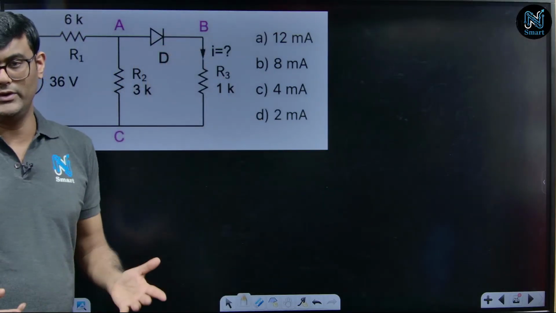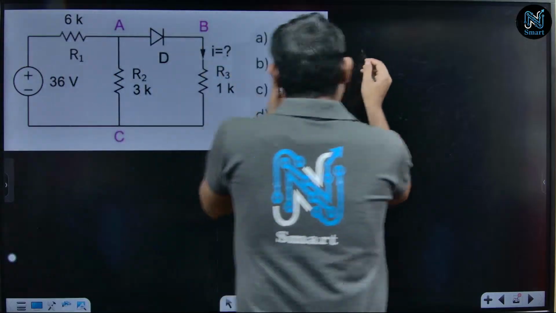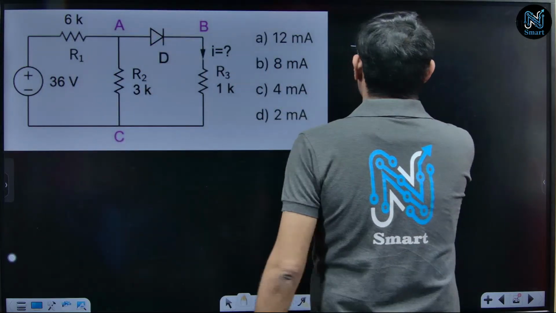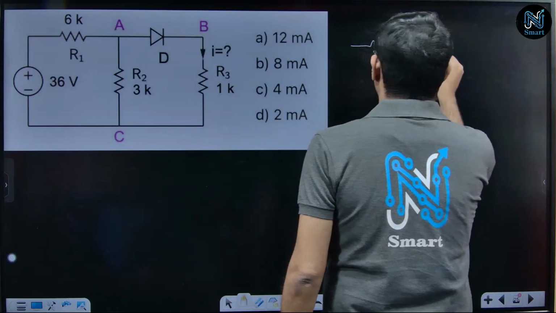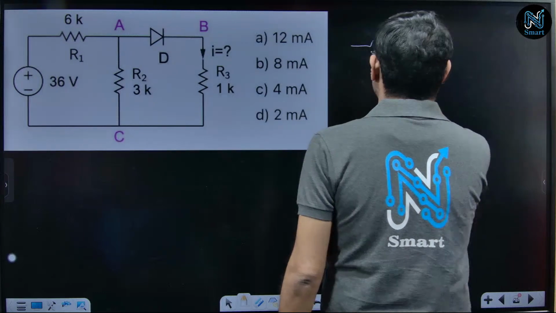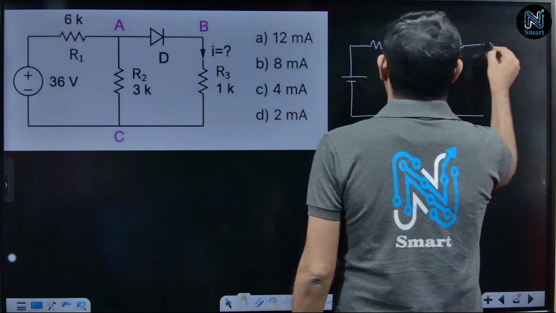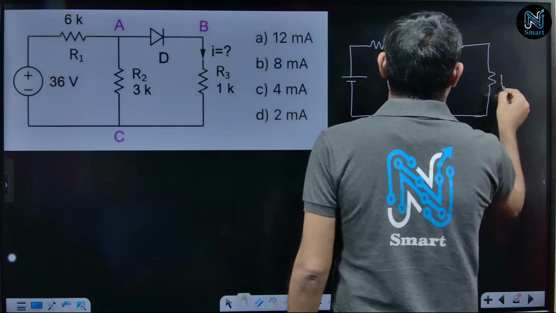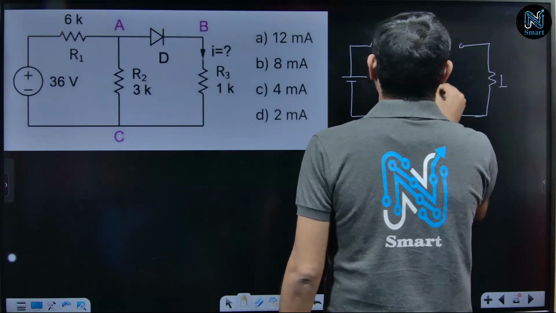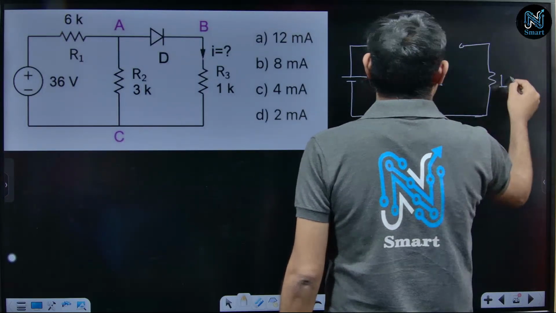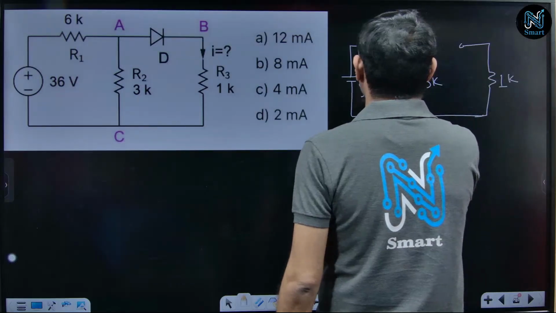For that we know how to do it. We will open that diode first and we will draw an open circuit like this. It is 1, it is 6, it is 3K. All the resistors are in kilo ohm and this is 36 volt.